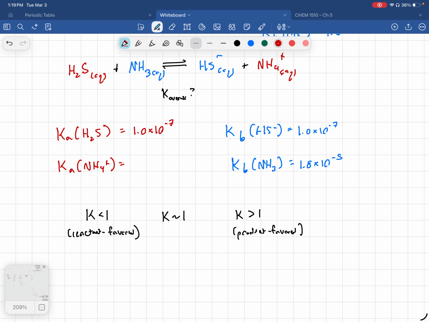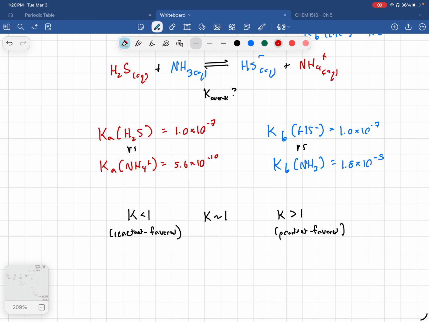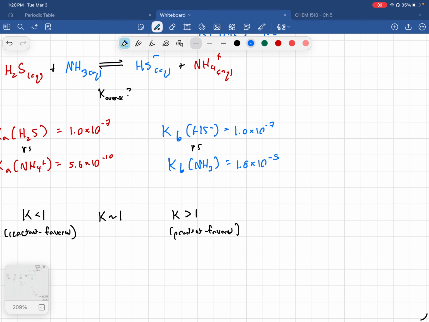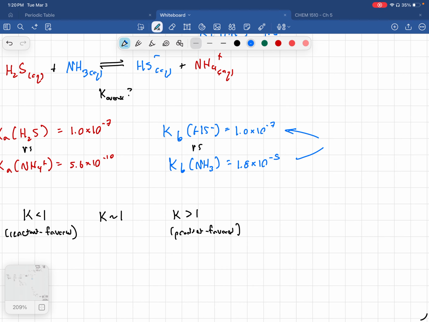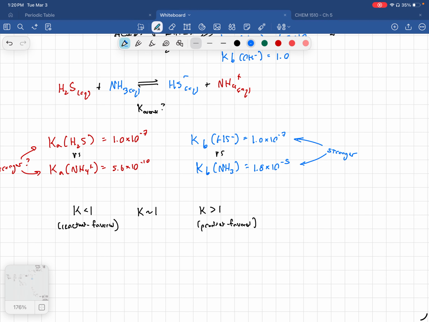And that means its conjugate acid form would be 5.6 times 10 to the negative 10th. And so to figure out which side this is going to lean on, we need to figure out which acid is stronger, and we need to figure out which base is stronger.